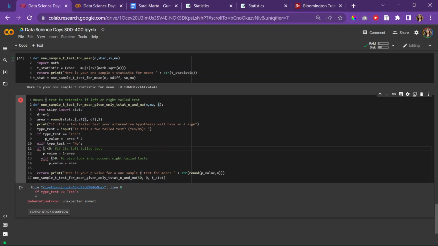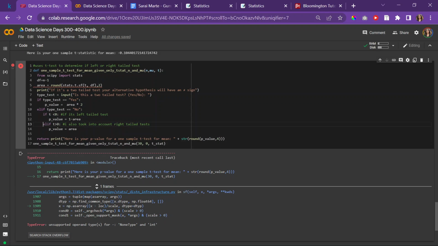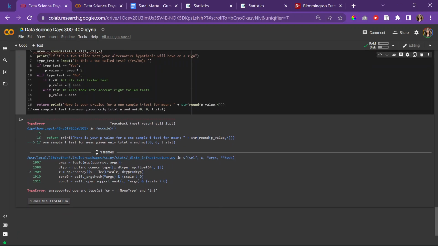Okay. Elif type test is no. If t is blah blah blah, then indent this. Elif t is greater than 0, then do that. Okay. What now? So non-times int, t df and what?